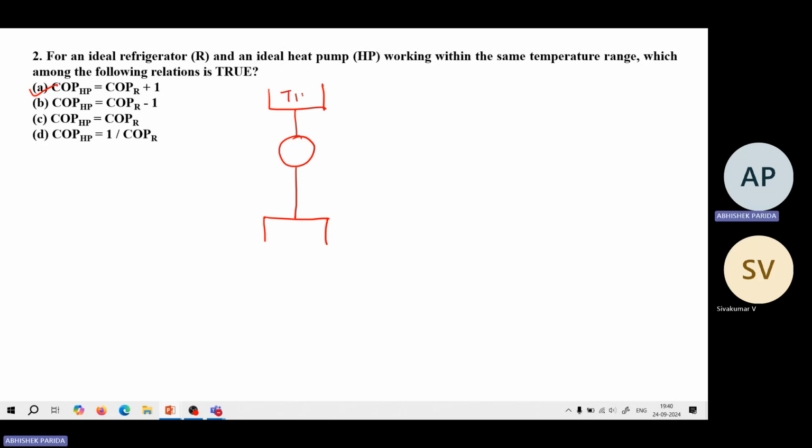Let us say this is TH, this is TL. In both the heat pump and the refrigerator, heat is transferred from the low temperature to the high temperature. That is why we need work. So this is Q1, this is Q2. First, let's find the COP of the heat pump. The desired effect is that we want this space to be heated, so COP is Q2 divided by W in.